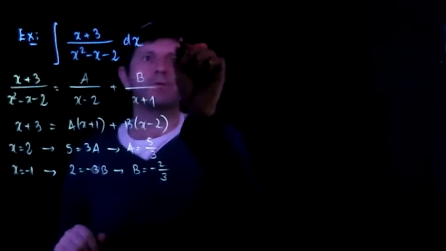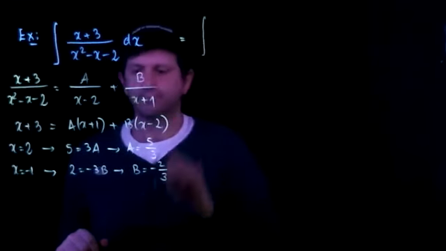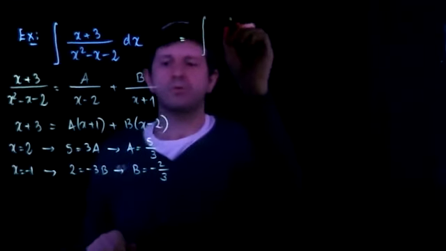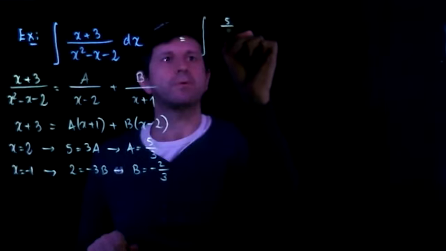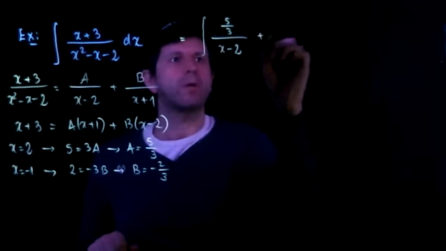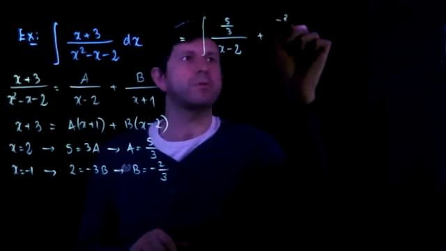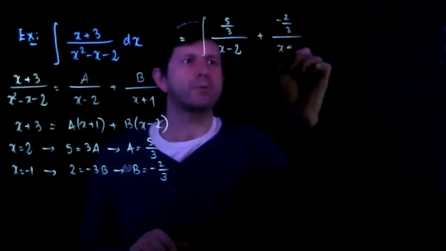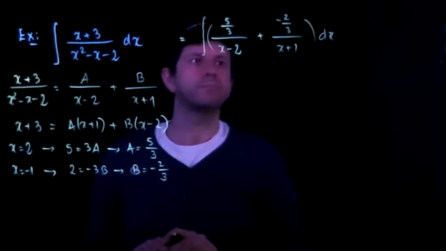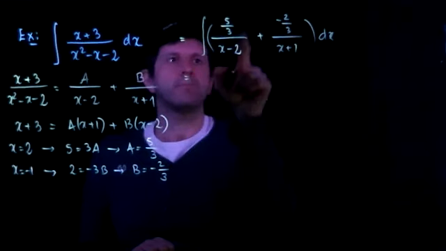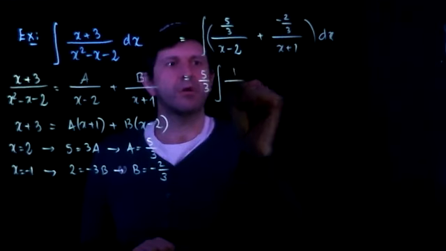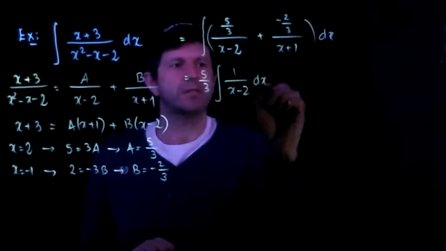That's it. So now this integral becomes a over x minus 2, so 5/3 over x minus 2, plus -2/3 over x plus 1, dx. Pull out the 5/3, so 5/3 integral of 1 over x minus 2 dx.